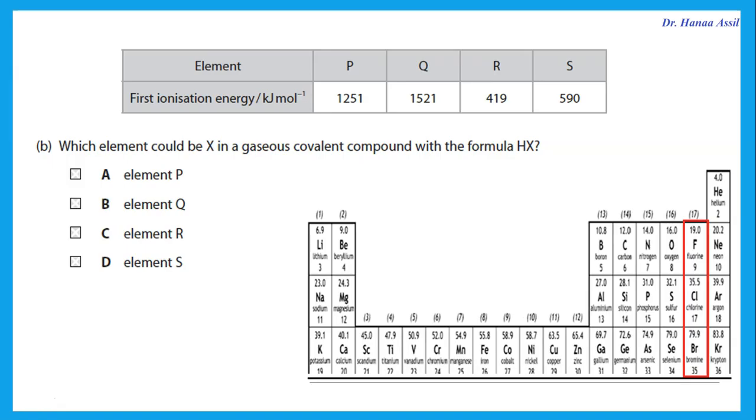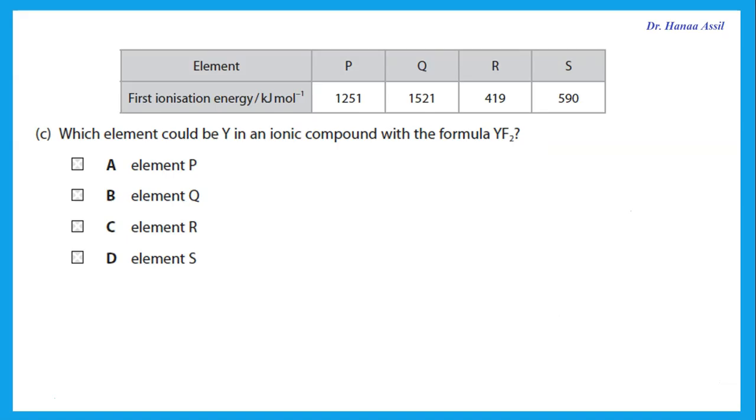So which of these would be in group 7? We said group 7 would be the one that is just before the highest ionization energy. Remember we said the highest ionization energy is Q, which is in group 8. So something in group 7 would be the one right before it.